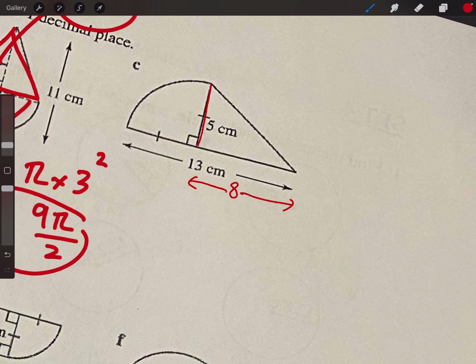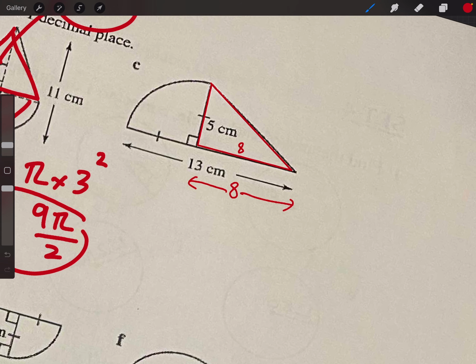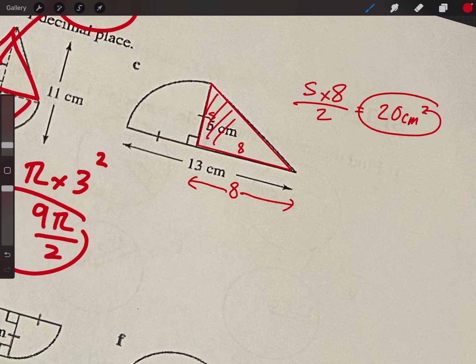Now we can use this length to find the area of the triangle. So you have 8 and 5. We can do 8 times 5 and divide it by 2. That's equal to 4 times 5, which is 20. 20 centimeters squared. So that's the area of the triangle there.